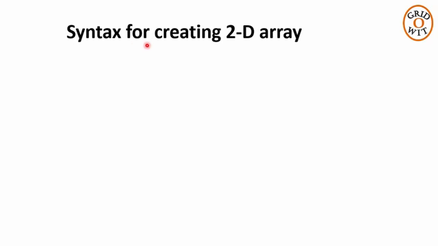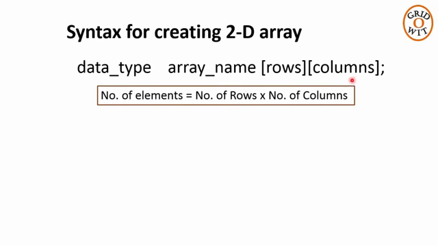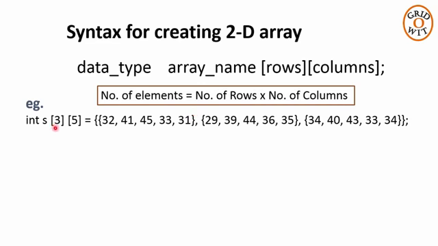Now the syntax is data type, space, 2D array name. Then there are two constant values in the square brackets. First tells the number of rows and second tells the number of columns. The total number of elements in a 2D array can be calculated by multiplying the number of rows by the number of columns. Here in this example, the number of elements is 3 into 5, that is 15.